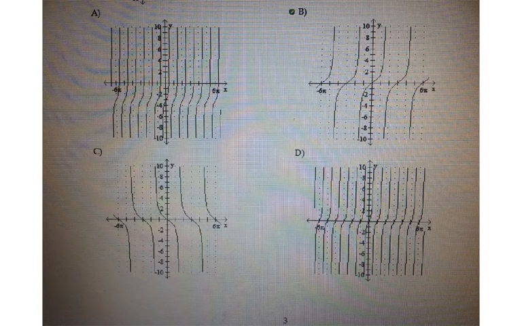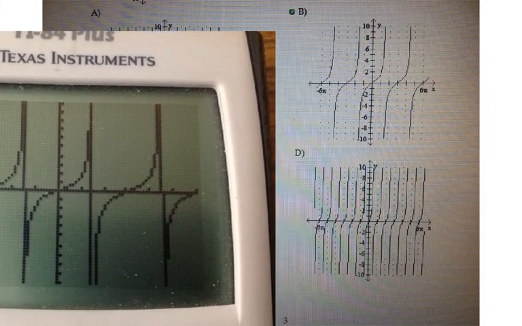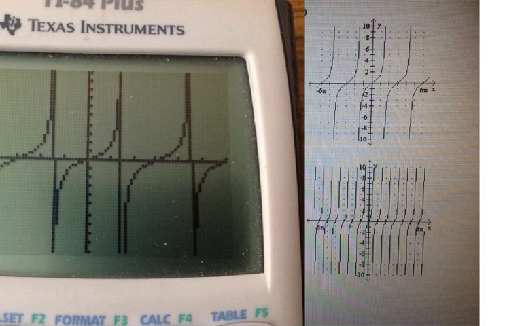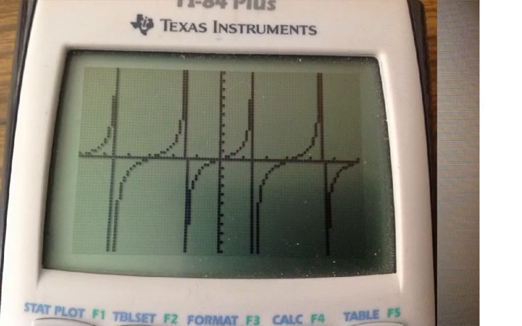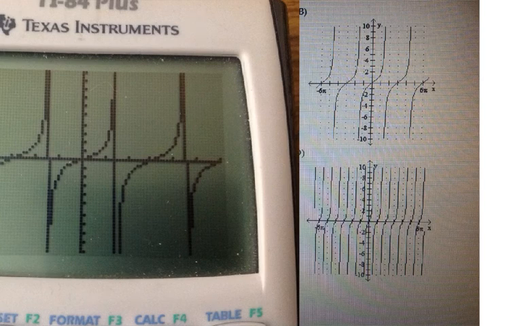Okay, so here is our multiple choice answer, and if we look at our tangent graph to compare the two, you're going to see that the two graphs kind of match up. Now it's a little bit harder because it won't let me size this, but just look at B and look at the picture here. Right here goes through the origin, and right here goes through the origin, right?